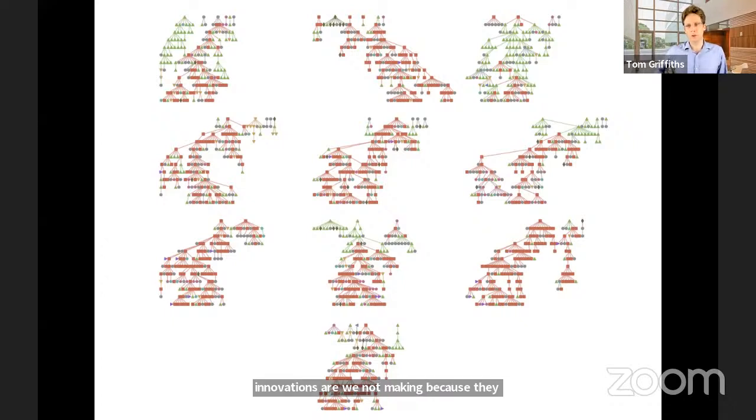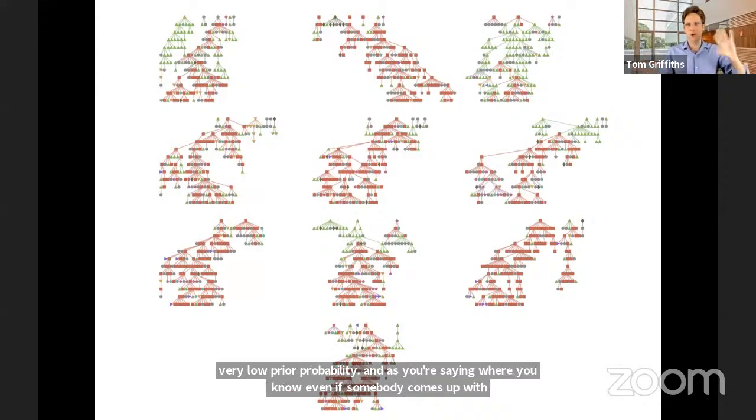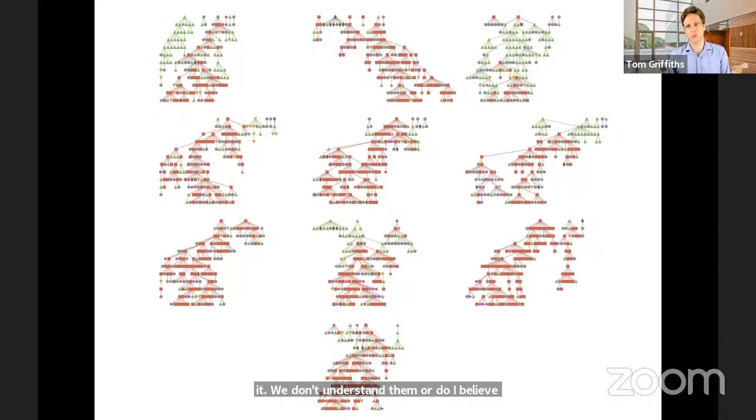So the cases to be worried about are cases where, based on our current understanding of the world, we assign a very low prior probability. And as you're saying, even if somebody comes up with it, we don't understand them or don't believe them. Those are the things that are going to be the most problematic innovations. I can't think of concrete cases that are like that.